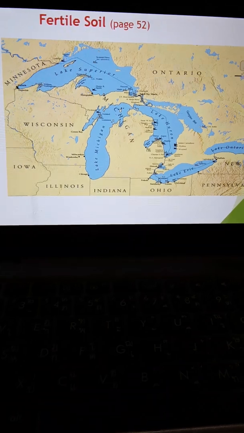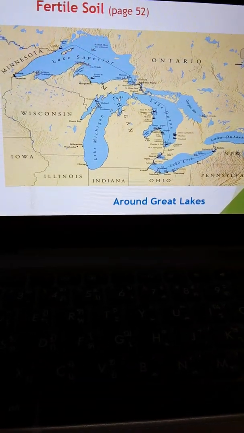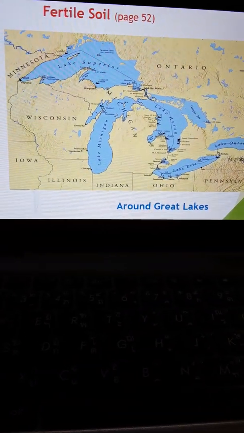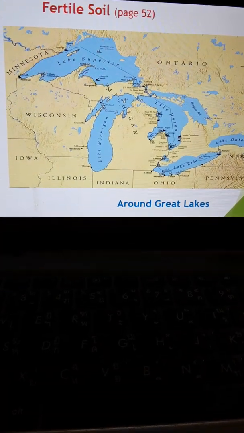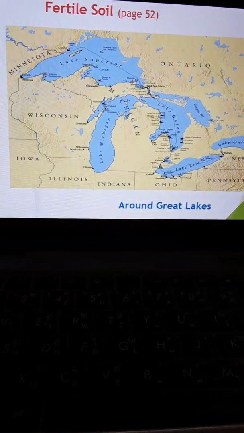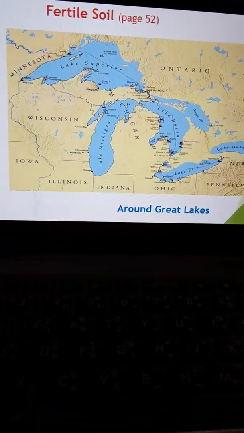Fertile soil is around the Great Lakes. Do you still remember the 5 Great Lakes? We have the acronym HOMES: Huron, Ontario, Michigan, Erie, and Superior.